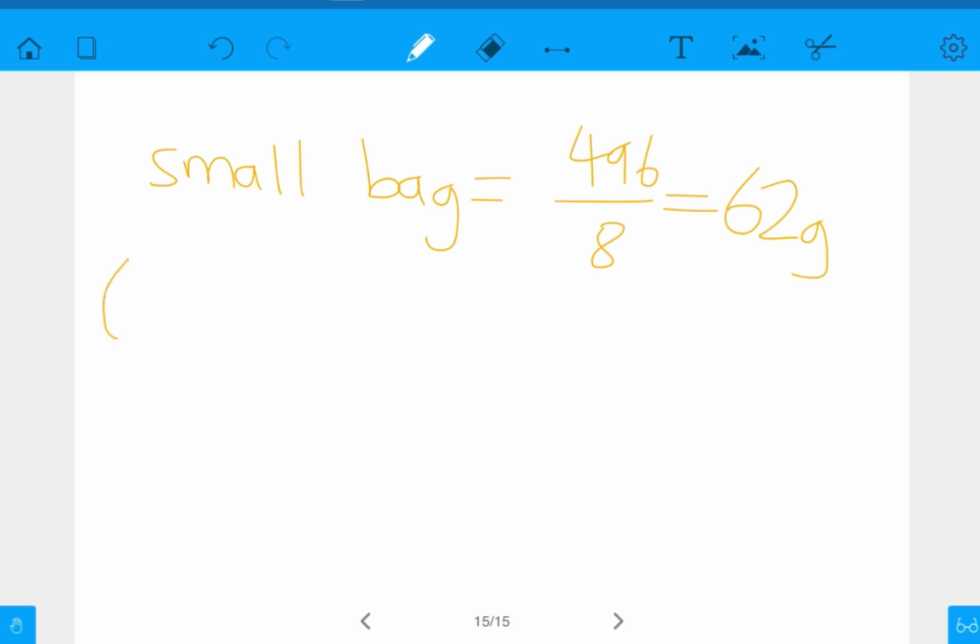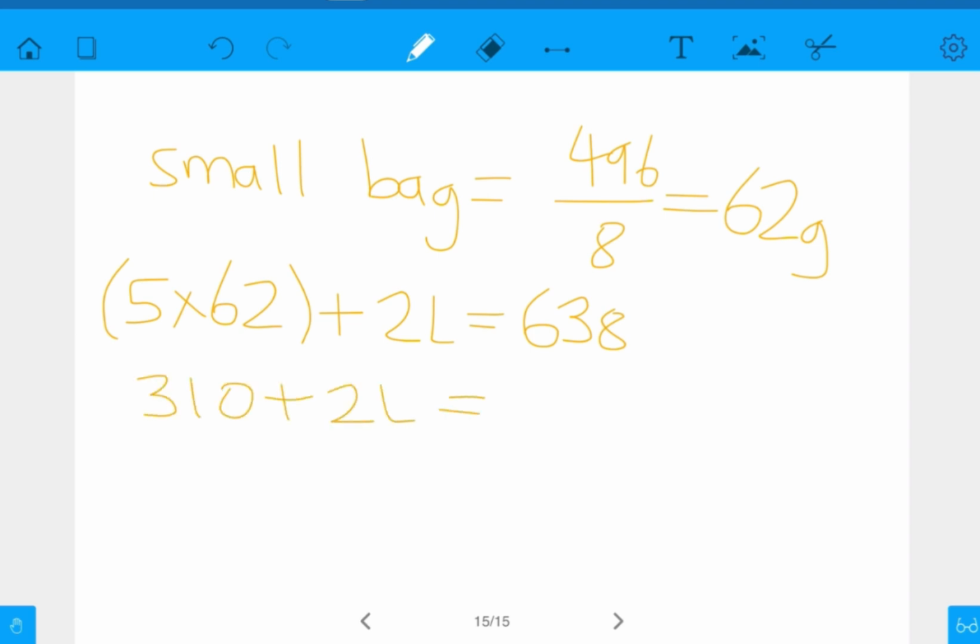So 5 times 62 plus 2 large bags equals 638. So that's 310 plus 2L. L is the mass of a large bag. And then when we solve for L, L will be 638 minus 310 divided by 2, which is 164 grams.